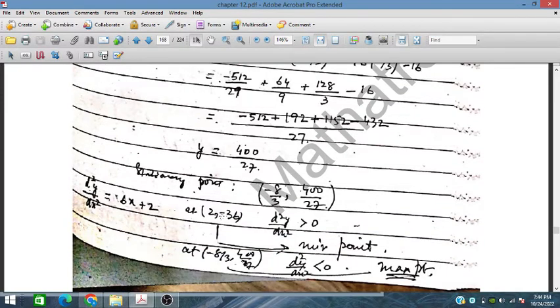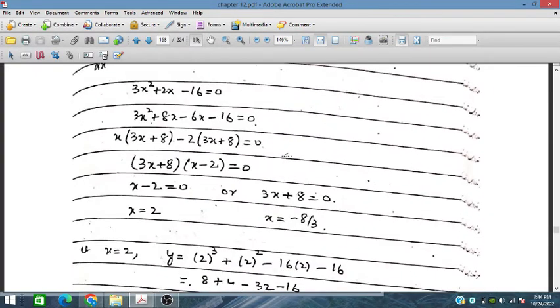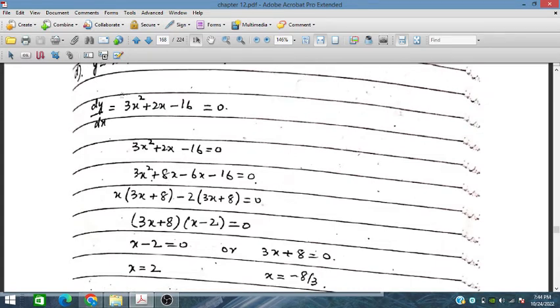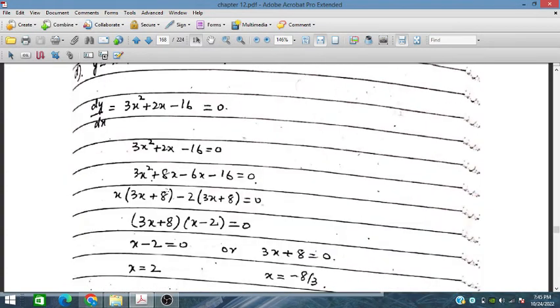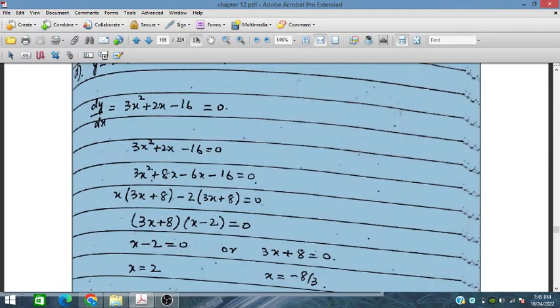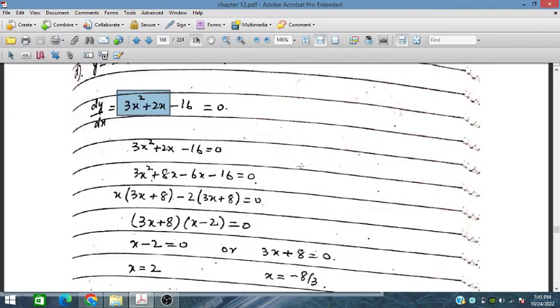At this point we have this, and if this is greater than 0, it is a minimum point. We take the derivative of this, and the second derivative becomes 6x plus 2.